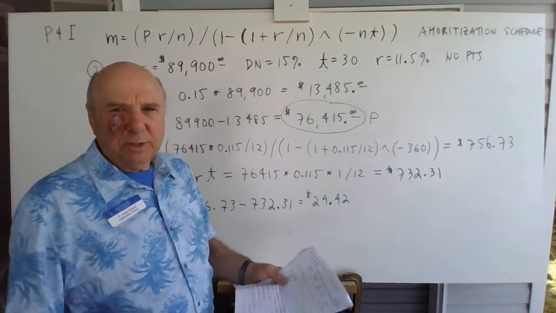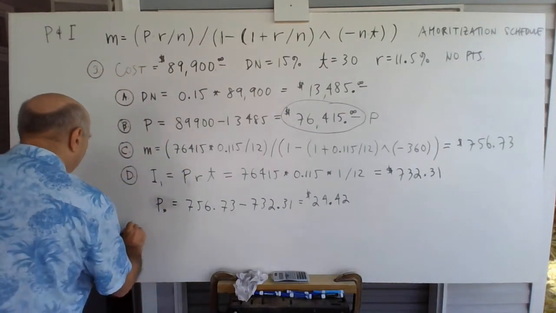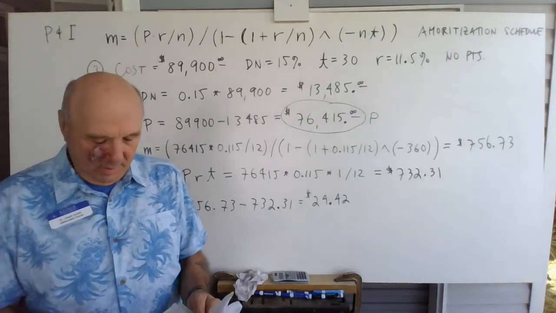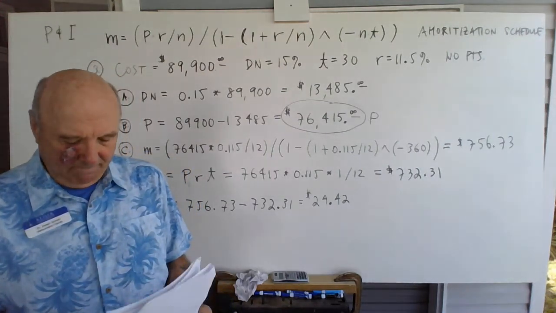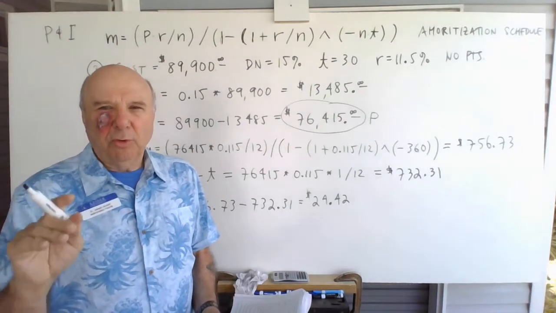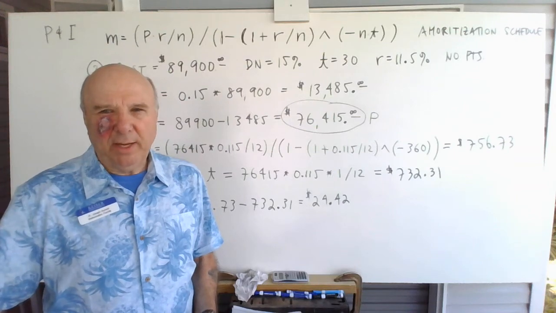Okay, here's another question. We can finish up here. What's the total cost of the house? Aha! How are we going to figure that out? Well, the total cost of the house. Now, we're not talking insurance and taxes, but the total cost of the house in P&I.